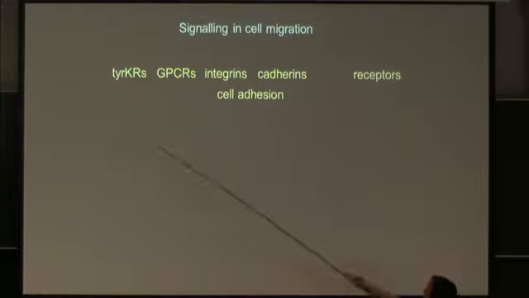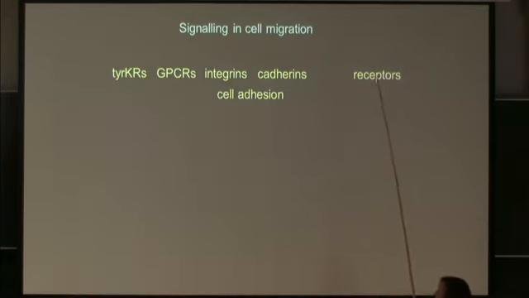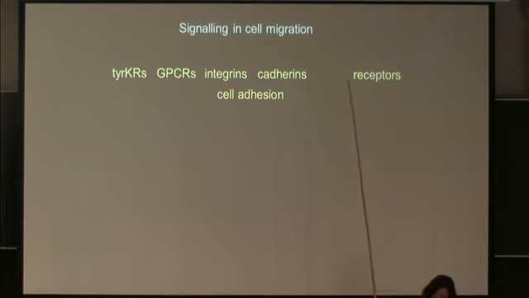We have lots of receptors on the surface of cells that are important for the process I'm talking about: integrins and cadherins of cell adhesion. Cadherin is cell-cell adhesion, and integrin can be cell or cell-extracellular matrix. So they're probably the two most important to think about in this context.